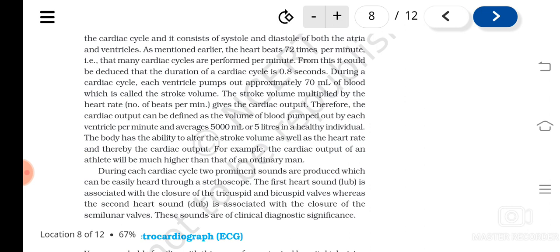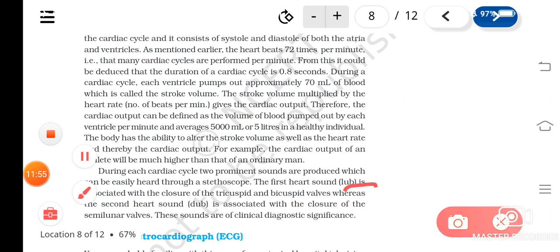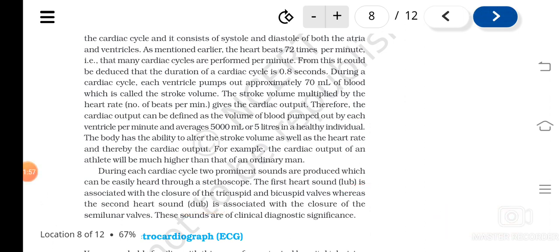They are checking for the sounds that are produced during the heartbeat. The first heart sound is lub, and the second is dup. So lub is the heart sound that happens when the closure of tricuspid and bicuspid valves happens.